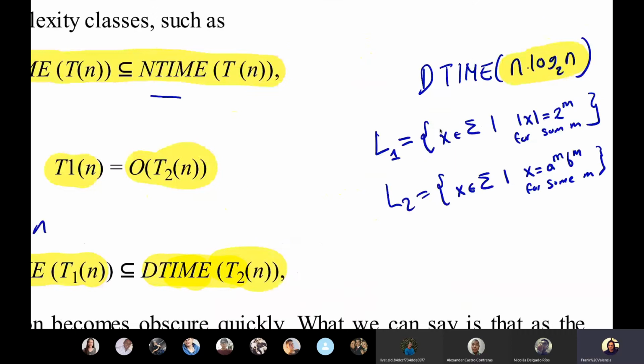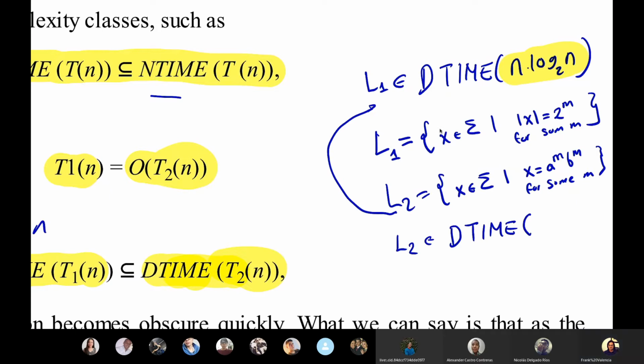I didn't plan for that, but I use this example here because I said, in class, we saw that L1 belongs here, right? And now I'm arguing that L2 is also here. But what we know for sure is that L2 in class 2 can be decided by a deterministic time Turing machine in n, right?